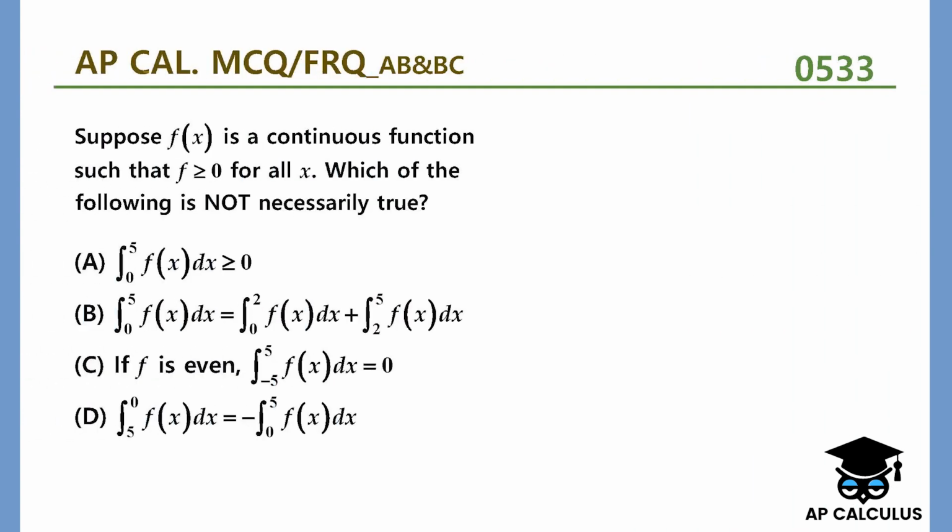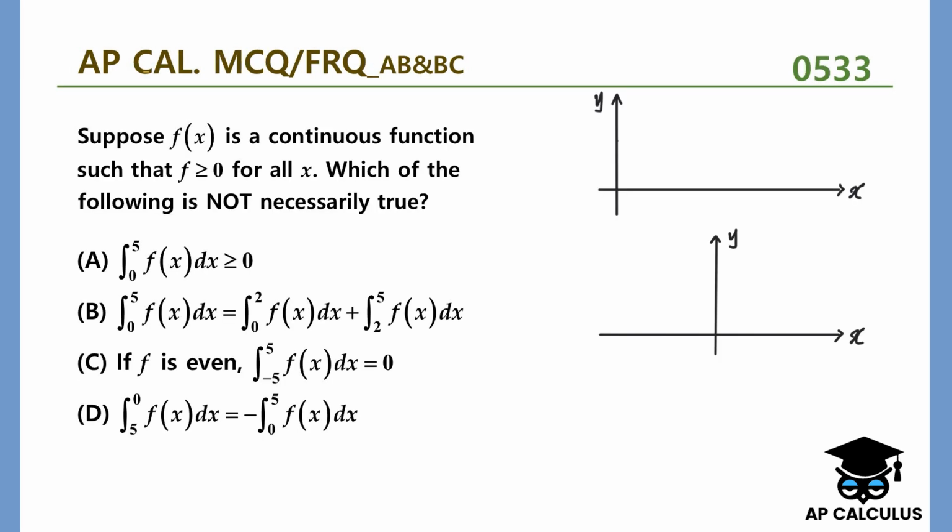Question 533. Suppose f of x is a continuous function such that f is greater than or equal to 0 for all x. Which of the following is not necessarily true? Okay, let's look at these answer choices. Answer choice A, we have the definite integral from 0 to 5 of f of x dx is greater than or equal to 0. Well, in this problem, f is continuous such that f is greater than or equal to 0 for all x.